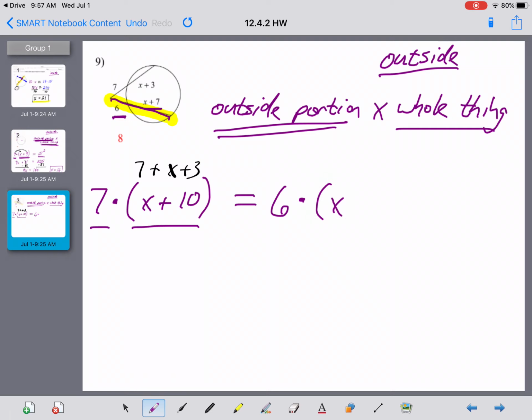And that is going to get us an x plus 13. And again, some people like to write that out. We got that by adding together the outside portion, 6, plus the inside portion, which is x plus 7. And when we combine like terms, we end up with the x plus 13.